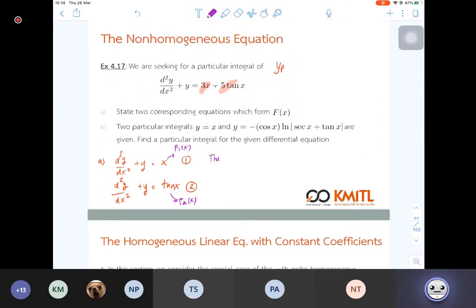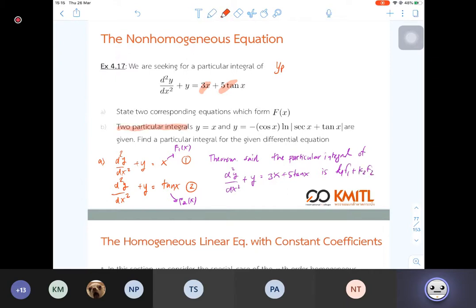And the theorem said the particular solution, particular integral, of d squared y by dx squared plus y equal to 3x plus 5 tan x is k1 f1 plus k2 f2.